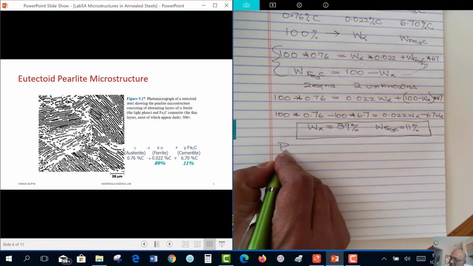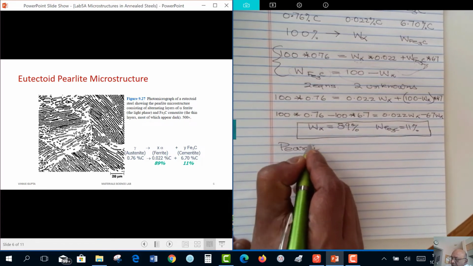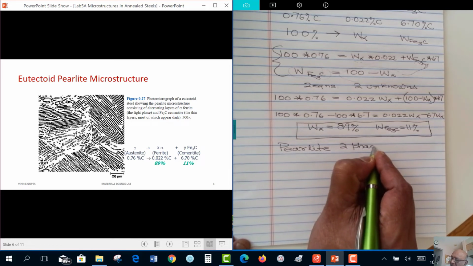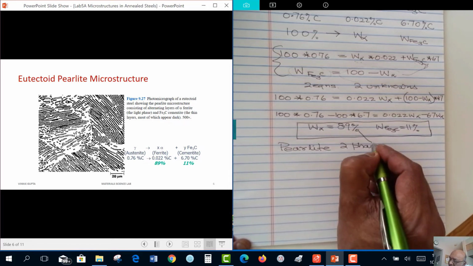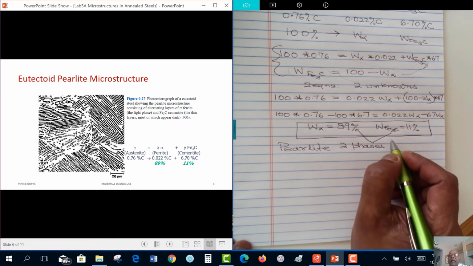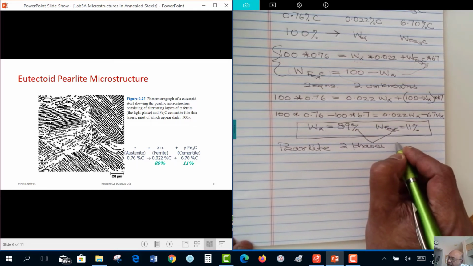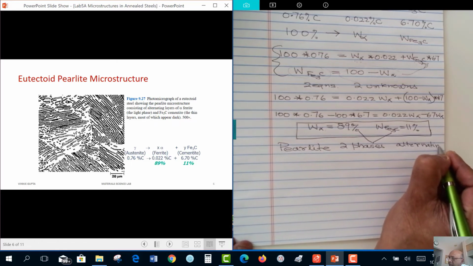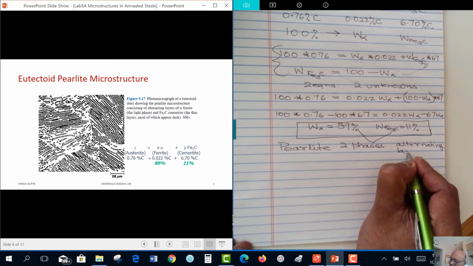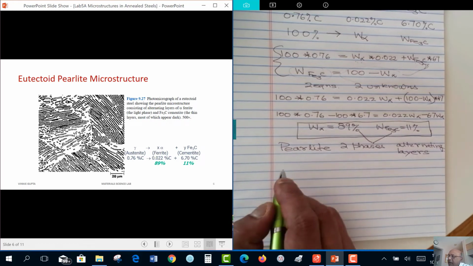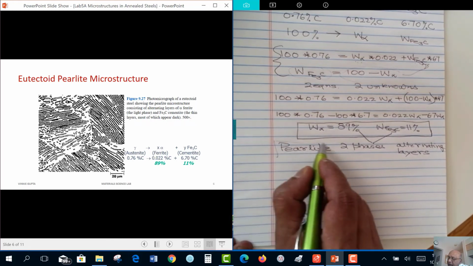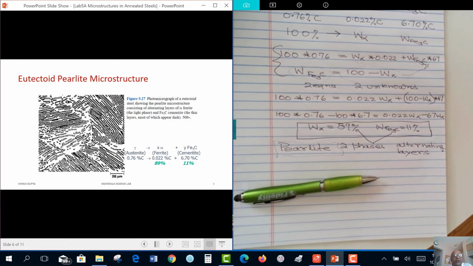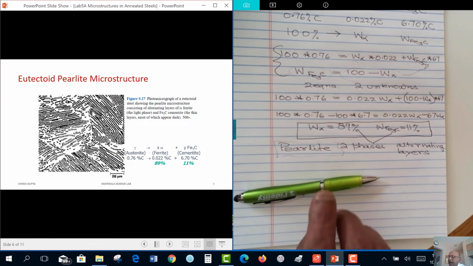So pearlite is a two-phase structure. Specifically, it has 89% ferrite, 11% cementite, in alternating layer form. So by using this word pearlite, we are saying all these things. We give this structure a name. So we have 100% pearlite here.